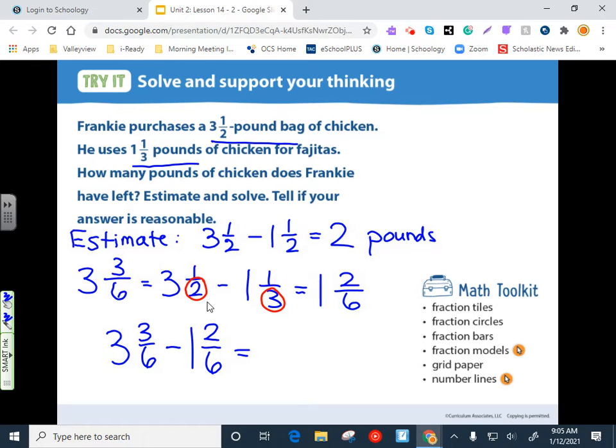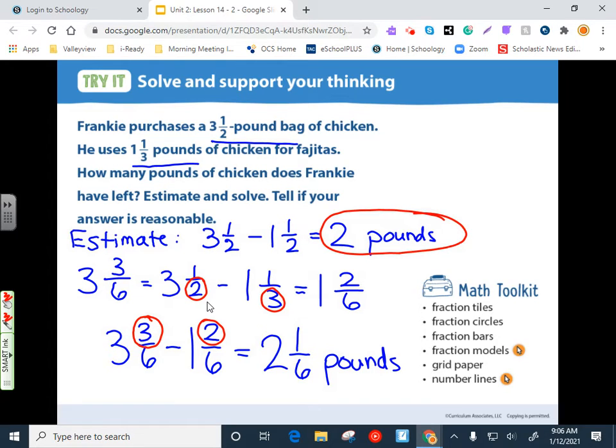And what works out here is our numerators. We can do 3/6 minus 2/6. We've got enough to take away without borrowing. So 3 minus 1 is 2. 3/6 minus 2/6 is 1/6. And the actual answer is 2 1/6 pounds, which is super close to our estimate of 2 pounds.